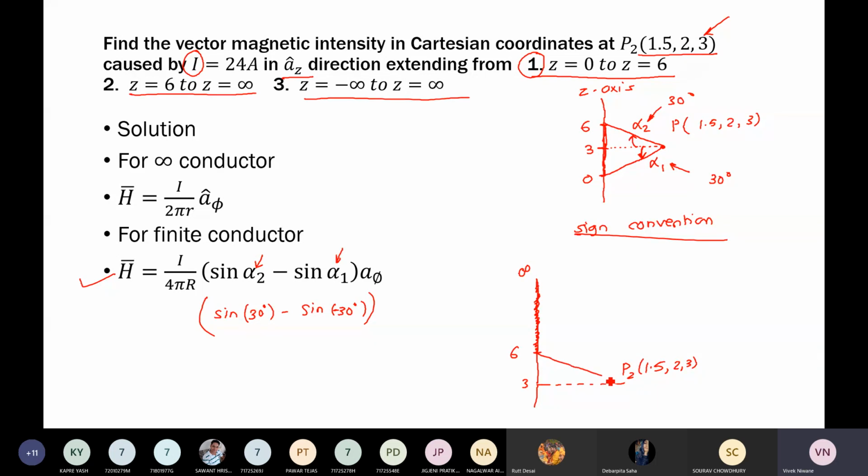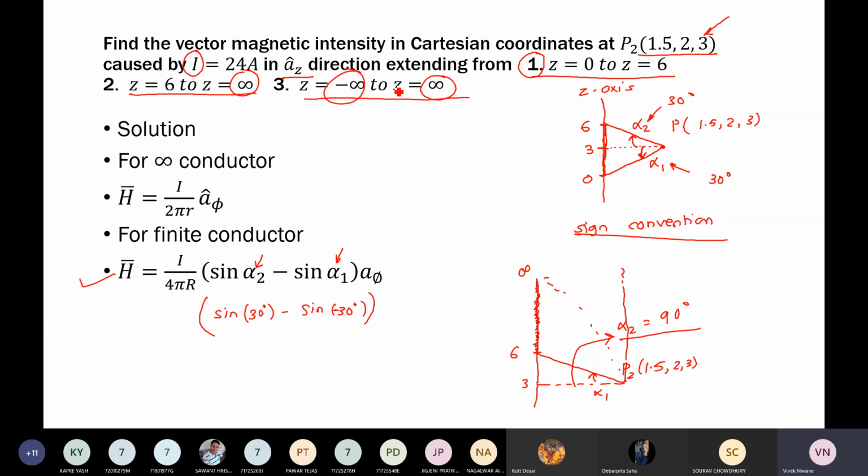Definitely we can calculate this angle, the bottom end angle is alpha 1, and what will be the top end angle? Alpha 2 will be 90 degree because it will never meet the top end, it will be going parallel to the z axis. So you have to take care of this minus infinity and this infinity. Their angles will be 90 degree.